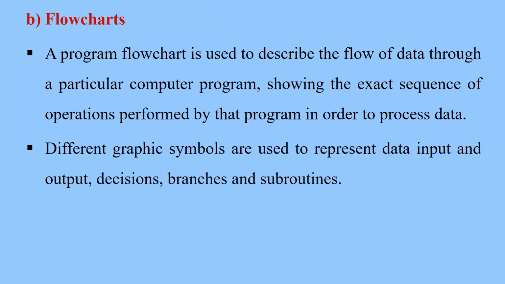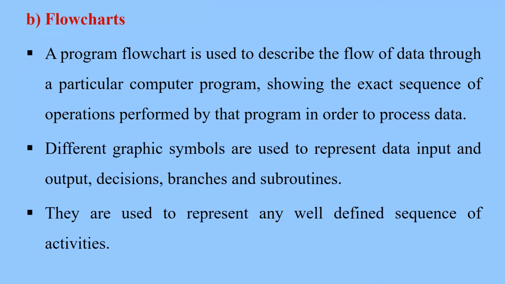Different graphic symbols are used to present data input and output, decisions, branches, and subroutines. Therefore, these symbols are used to represent a well-defined sequence of activities, and a flowchart is used to represent any well-defined sequence of activities.